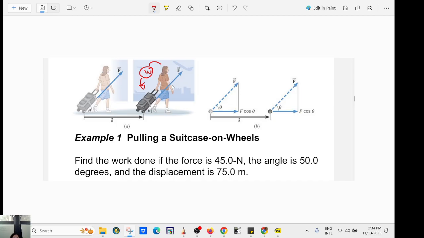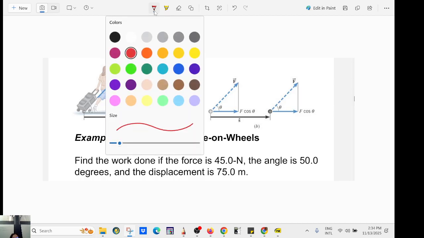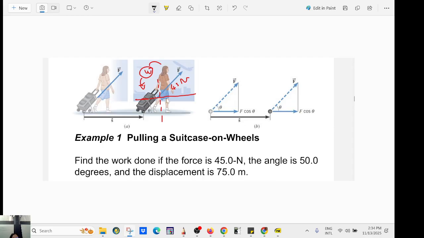The force is 45 Newton. You can make a cross here at the tail. That's going to be 50 degrees. So it has two components, the X component here, and then you have the Y component.